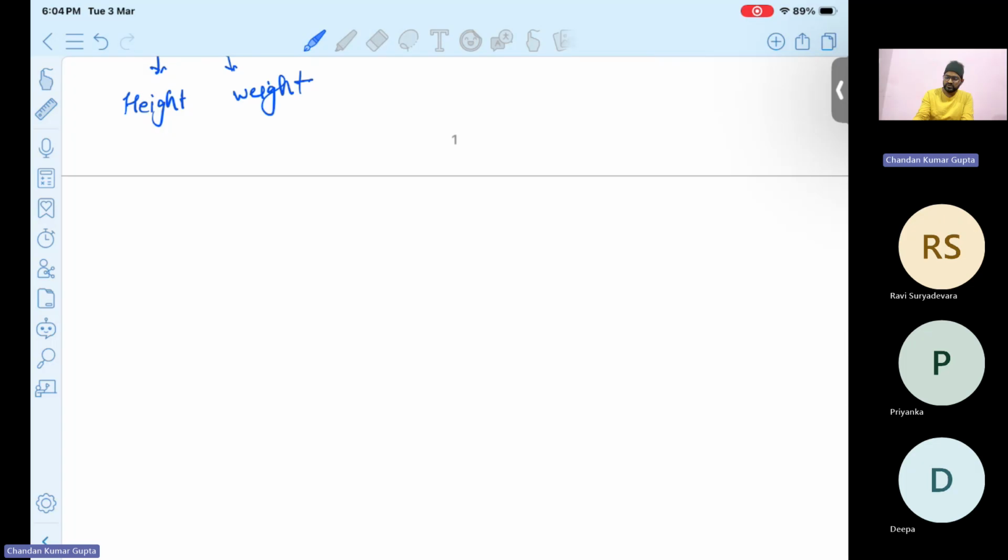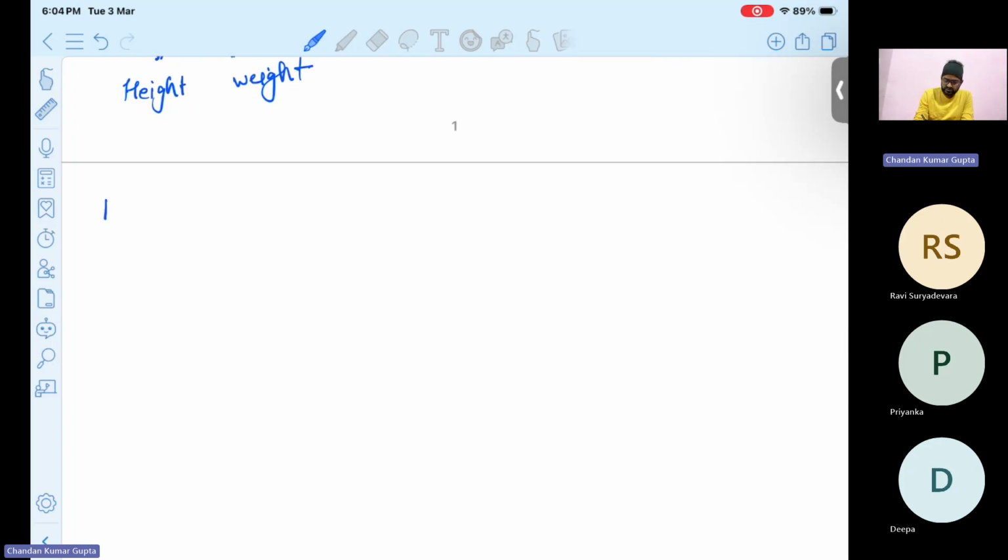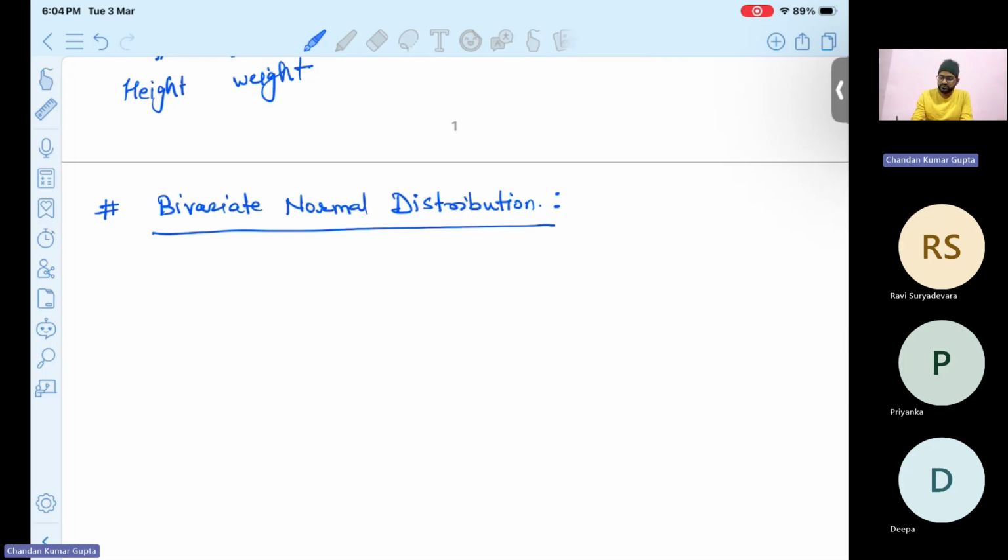So we will discuss the bivariate normal, in short BVN.